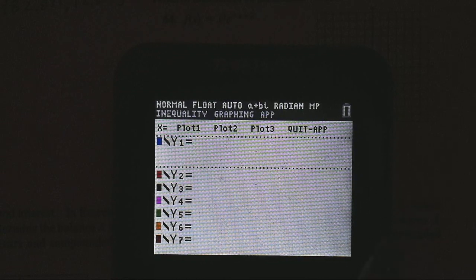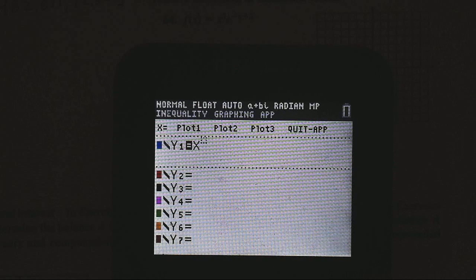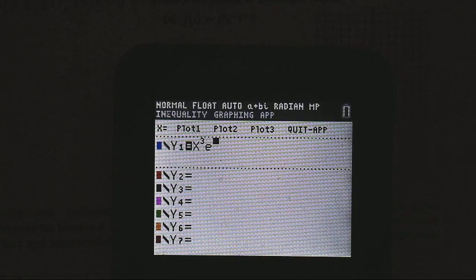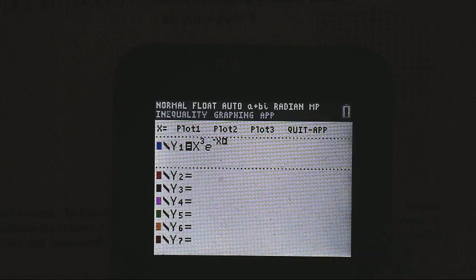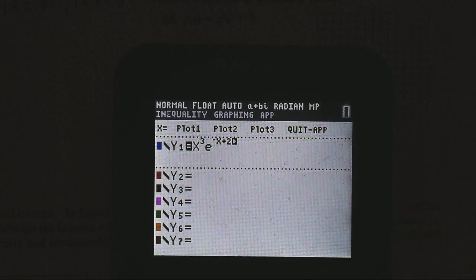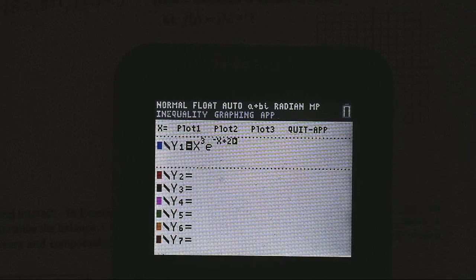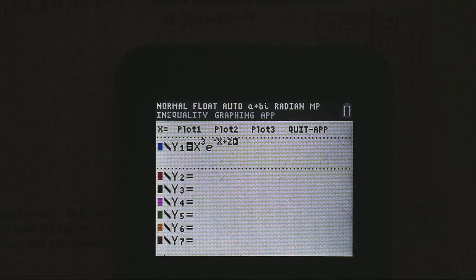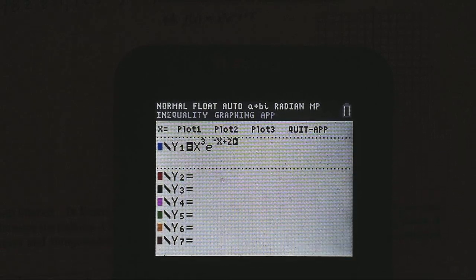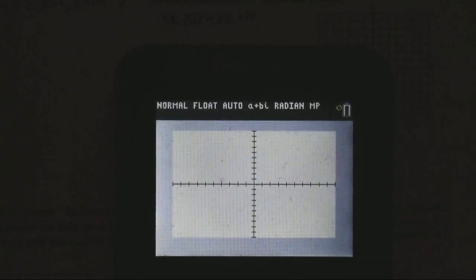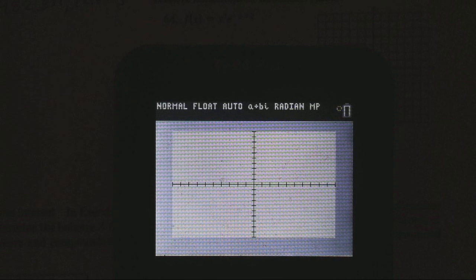I want x to the third, step out of that, second e to the, that second ln, negative x plus 2. That is a very, very common calculus type equation. They're real world equations that could model. So I'm going to go back to Zoom 6, good starting place, Zoom standard. And let's see if we've got anything in there.